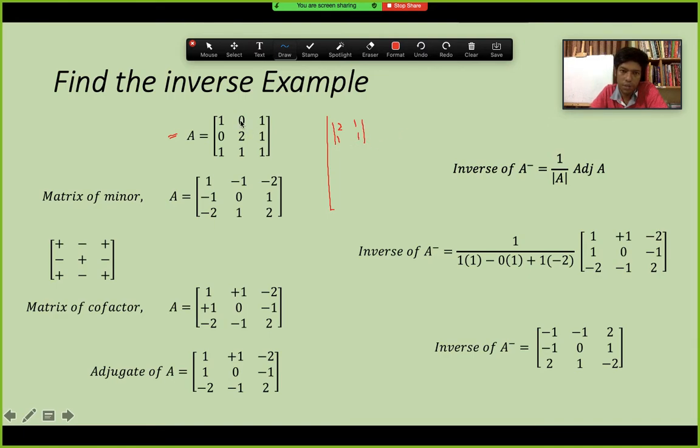Then for this 0 we have 0 1 1, 1 0 1 1 1. Then for this one we have 0 2 1 1, 0 2 1 1.